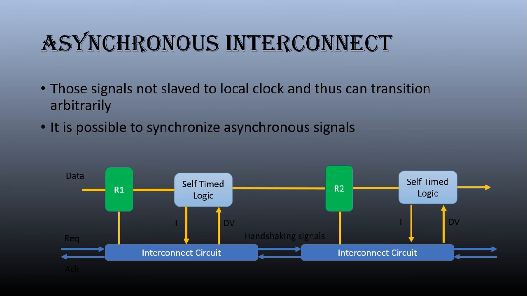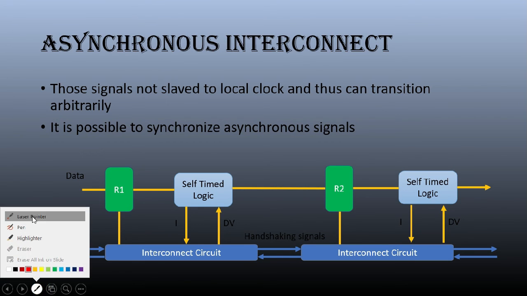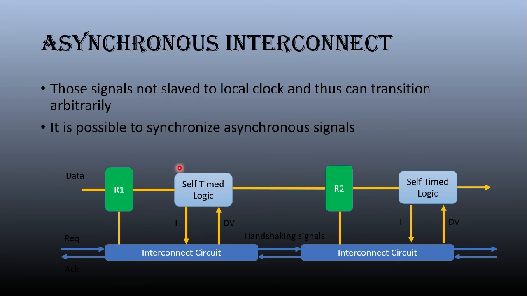If there is a data transfer needed from one block to another block, let me take the laser pointer again. If there is a data transfer between this module and this module, then it generates the data and asserts DV, that is the data valid signal. Once this data valid signal is generated, it goes for handshaking with this module, right?